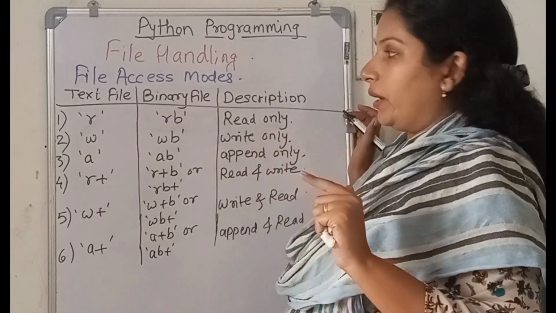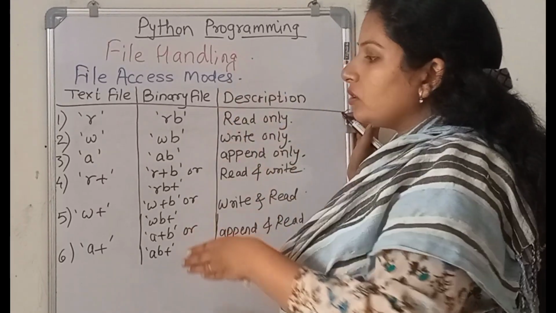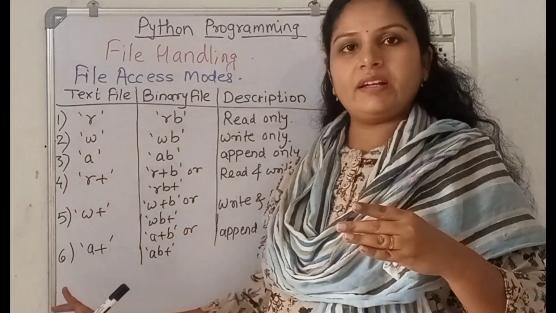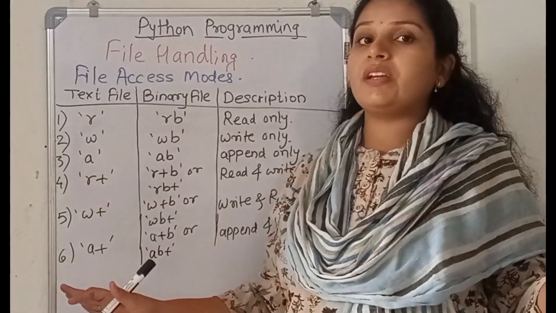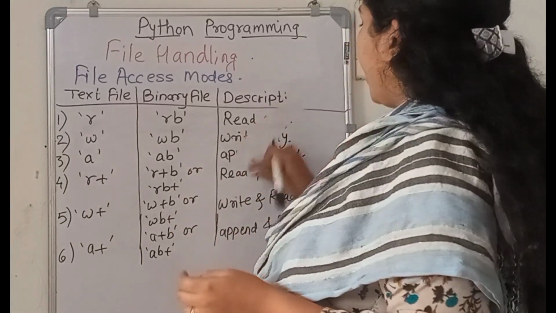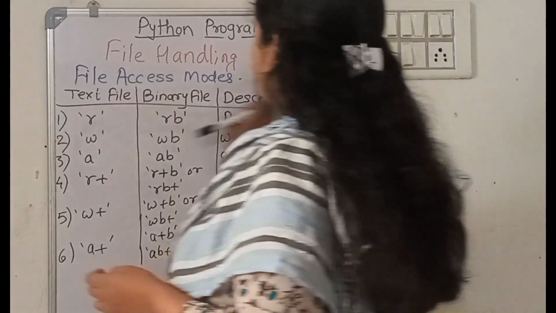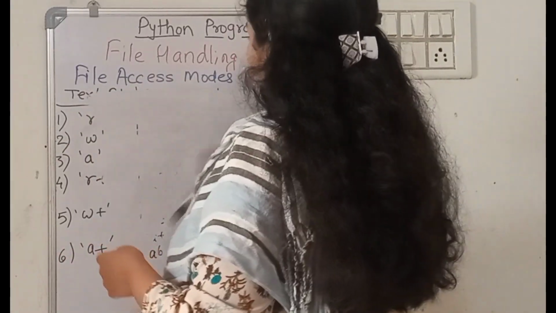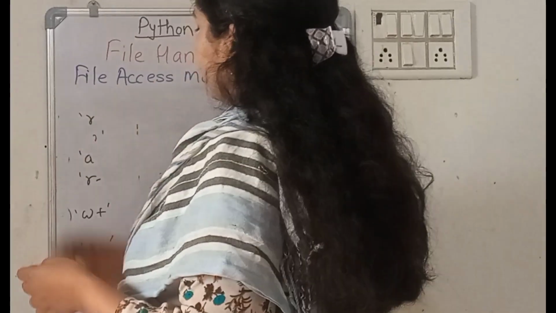Now based on this, we'll see how we can use the file access mode, and then we can start with our text file. We have already seen an example of how to use the file access mode in the open function.